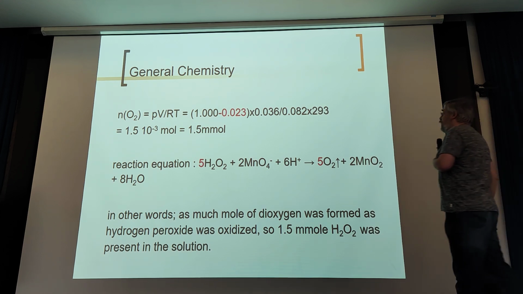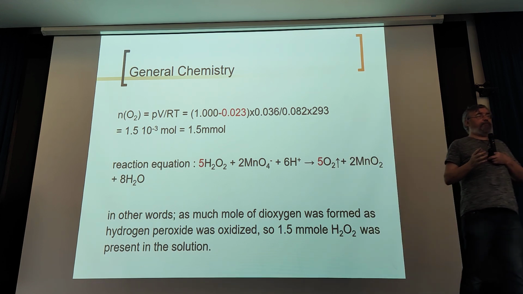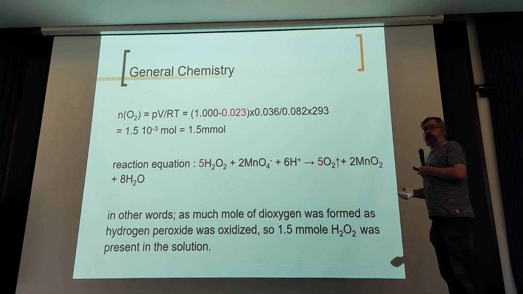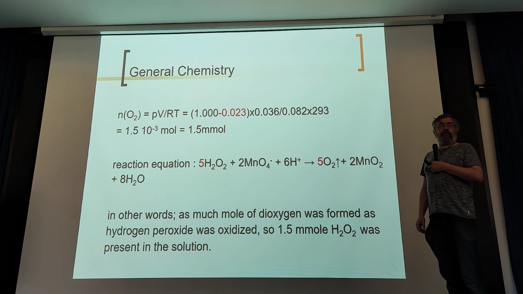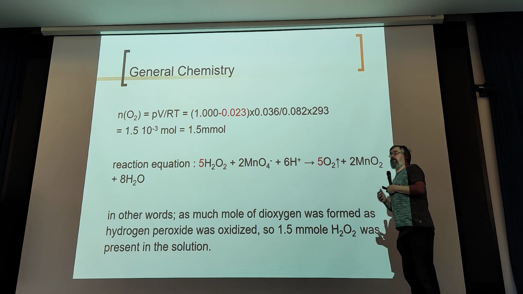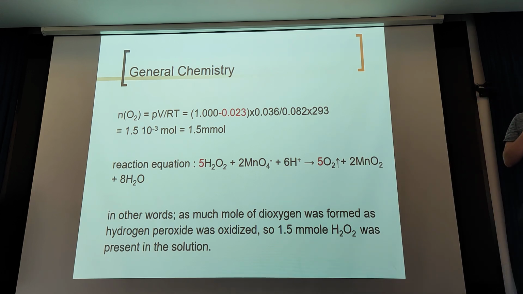So after we calculate this, we now have the correct partial pressure of dioxygen. So we divide by 0.082, 293 degrees Celsius, and there was 36 milliliter of gas in total. And this tells you that the amount of dioxygen is 1.5 10 to the minus 3 mole, or in other words 1.5 millimole of dioxygen is being formed.